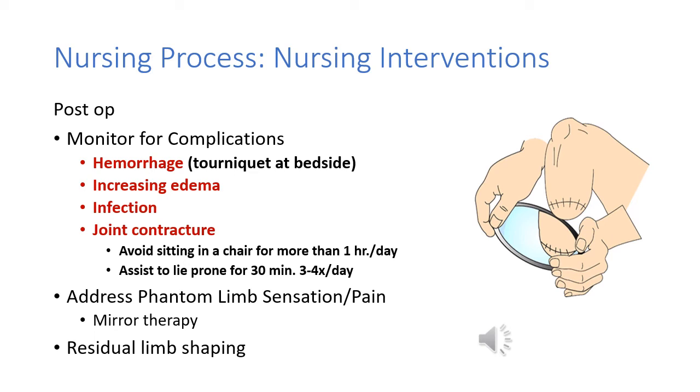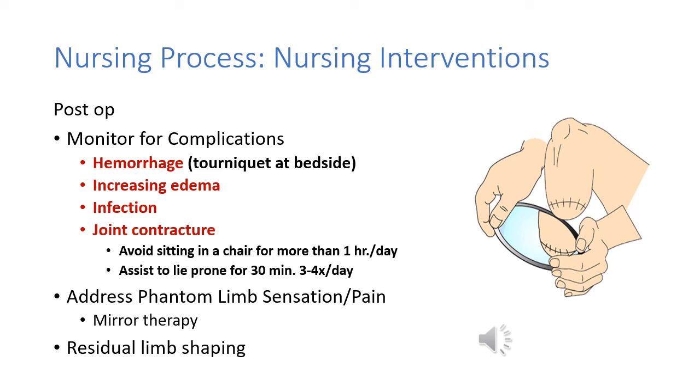If there is a great amount of edema at the amputation site, it will affect healing, but it also will delay a prosthetic fit. So this is the reason that we will not want them to sit dependent with their knee flexed, just like with the surgeries and procedures we talked about earlier.